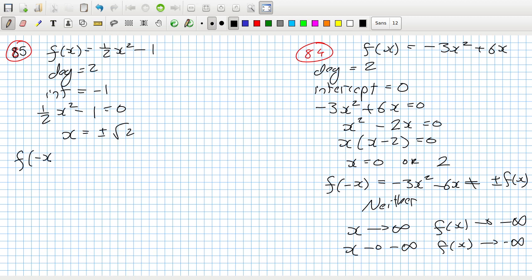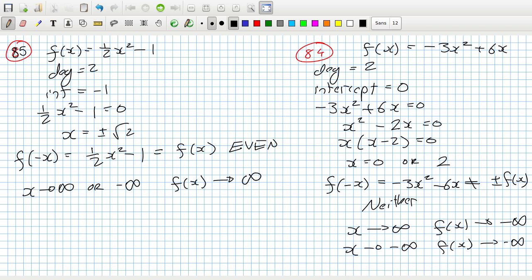f of minus x, that would be a half x squared minus 1. So that's still f of x, so that makes it even. If it was minus f of x, it'd be odd. And then when x tends to infinity or minus infinity, f of x will also become infinite.